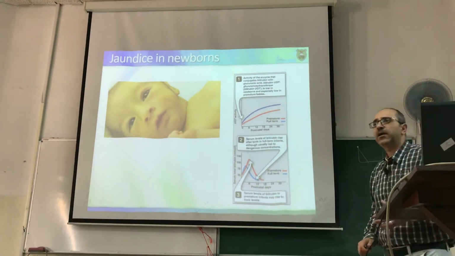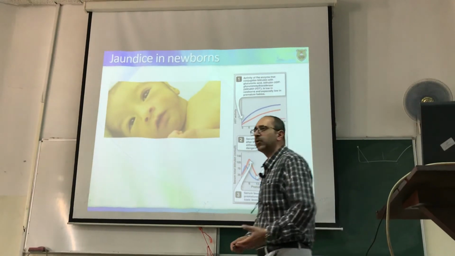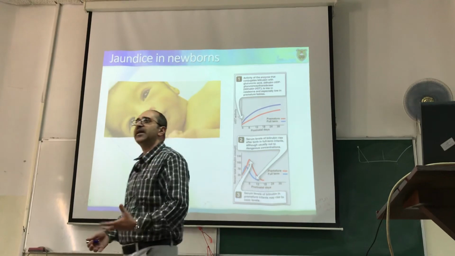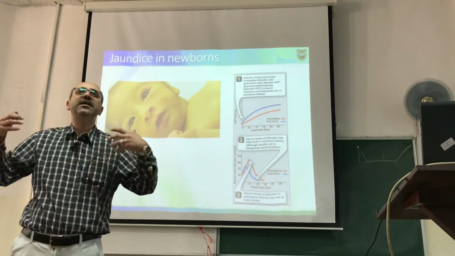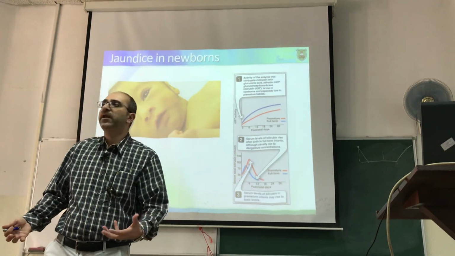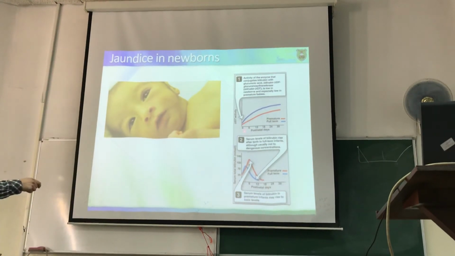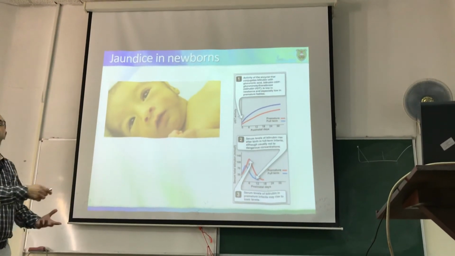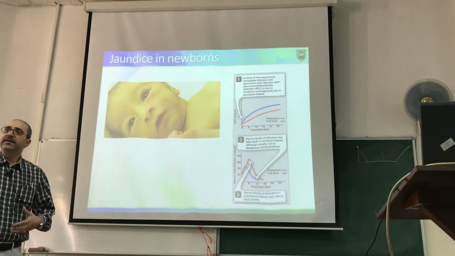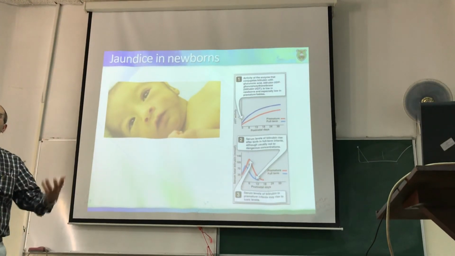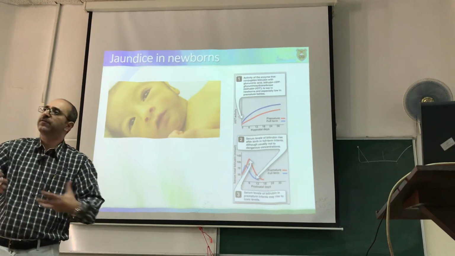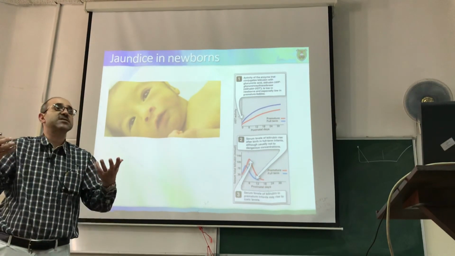Finally, jaundice in the newborn. The main cause is that the conjugating enzyme is not really that efficient in newborns versus adults. It takes time to reach normal efficiency, and that's why bilirubin is not conjugated very efficiently, and a lot of it goes into the blood. Of course, this is a problem.